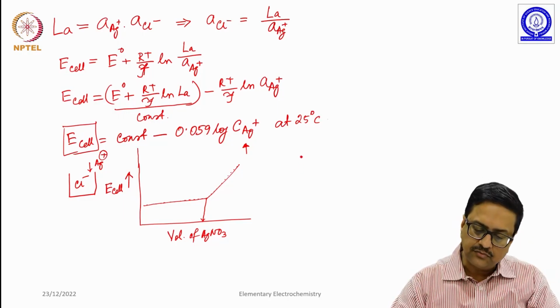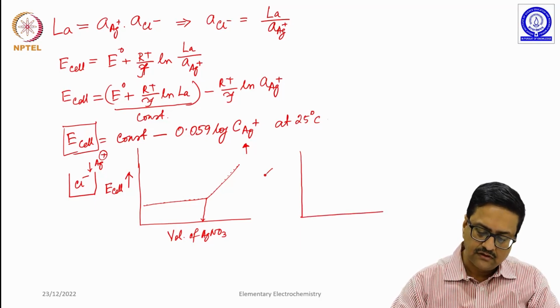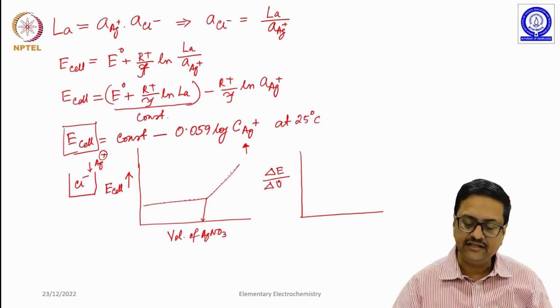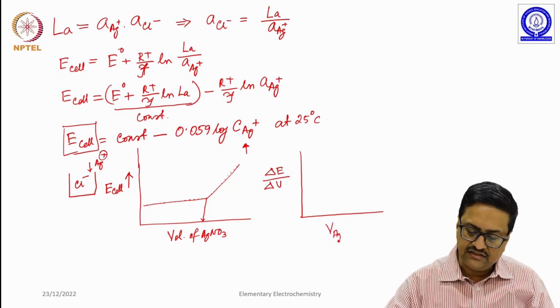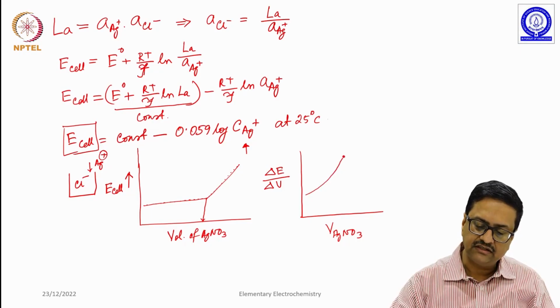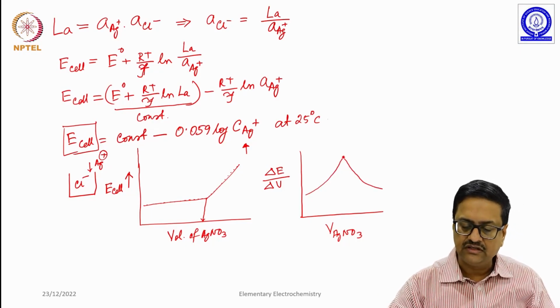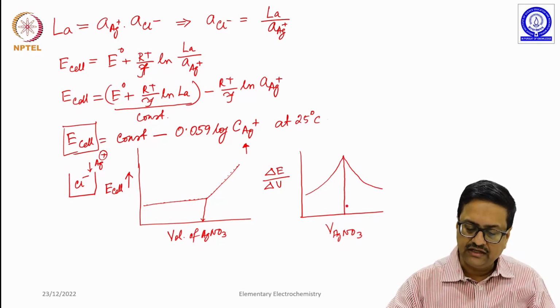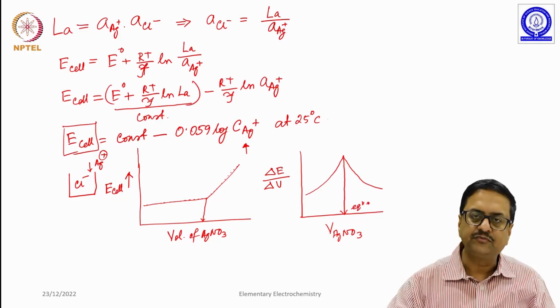So, one can also plot delta E versus delta V, delta E by delta V versus V AgNO3. So, in that case you will see that the graph increases like that and then again decreases like this. So, with this you will get the corresponding equivalence point.